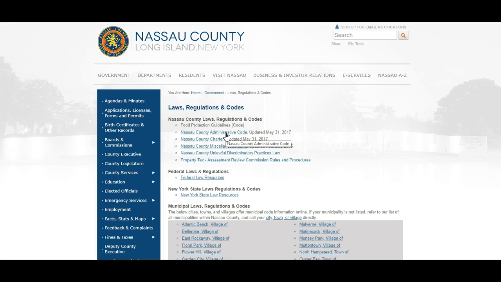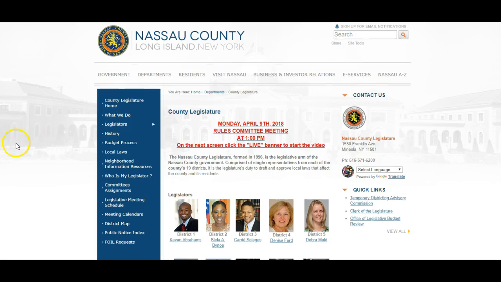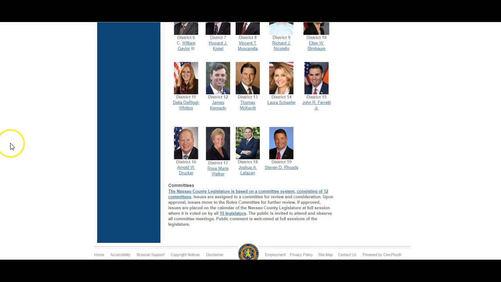Don't get confused by the name. Administrative Code is actually those ordinances, that subject arrangement of the code, of the legislation issued by the Nassau County Legislature. The charter is, again, what establishes the government. And here we'll see, here's the link for the county legislature.